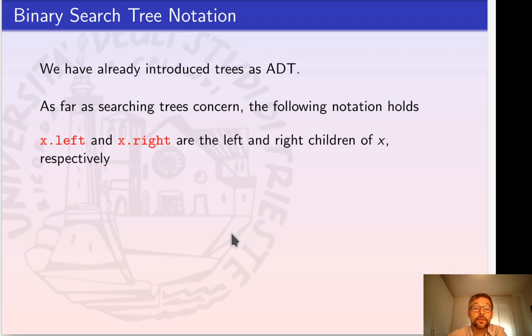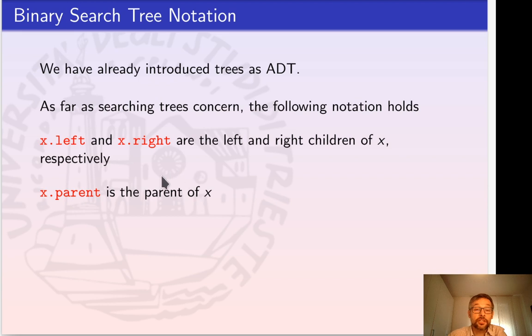We will have the left and right children of x, and we will denote them by writing x.left. This is the left child of x, and x.right, meaning the right child of x. Okay.